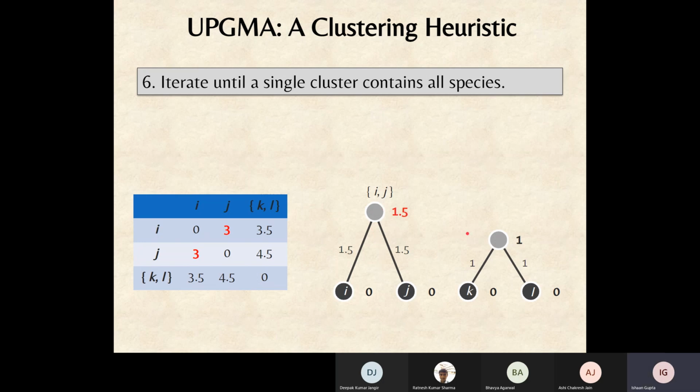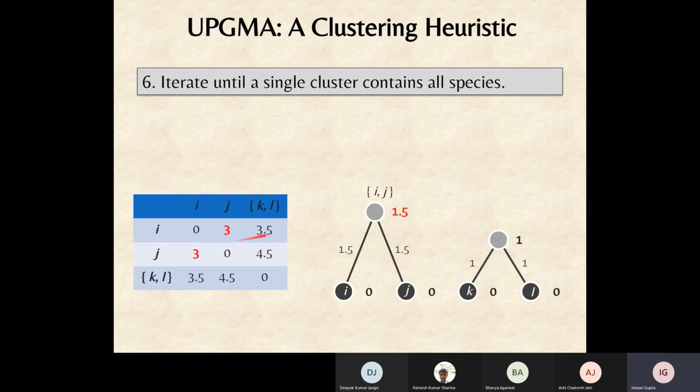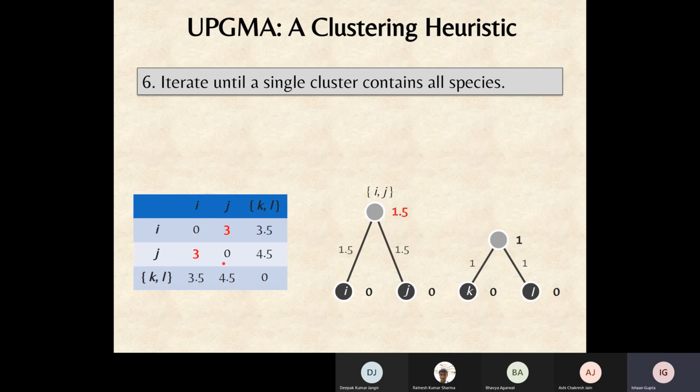Now you again collapse these two things, and you calculate the distances by taking the arithmetic mean of these two things and these two. And this is what you will be getting.